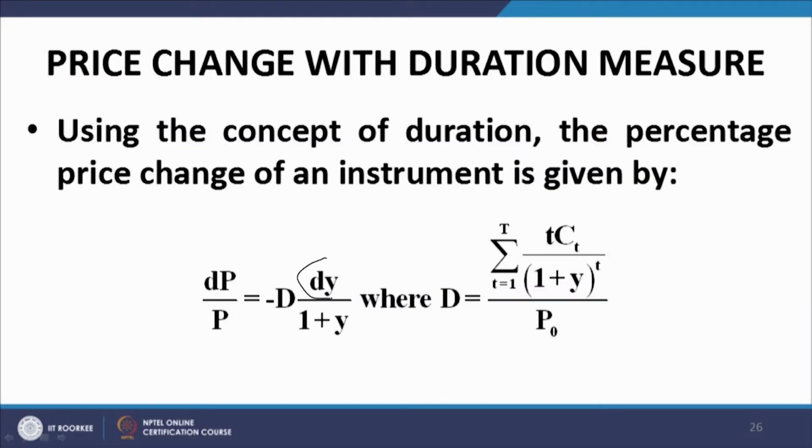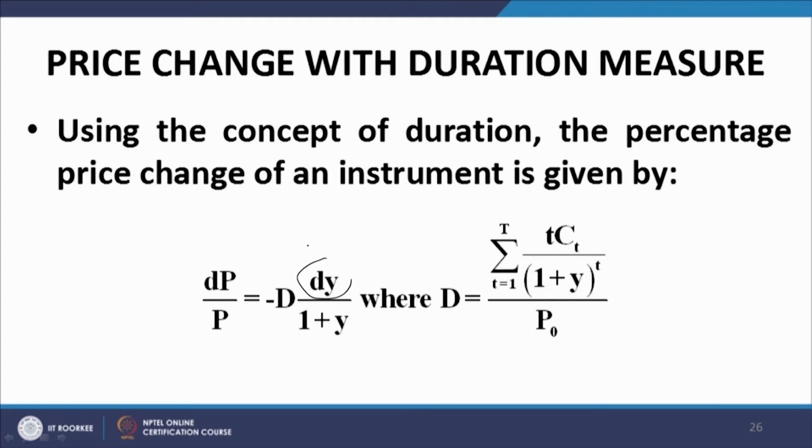The second thing is the case of parallel shifts. If you look at the definition of duration, you have this quantity dy. This dy is also universal in the sense that it is independent of the various spot rates that are involved in discounting of the bonds.